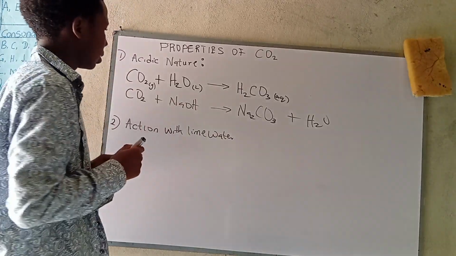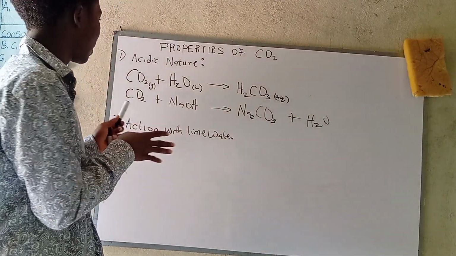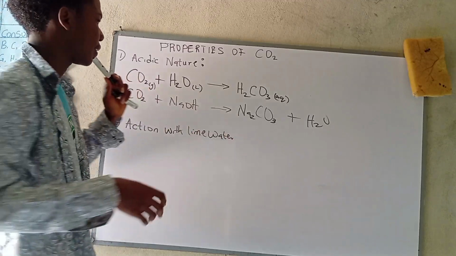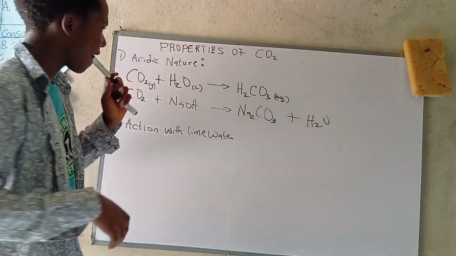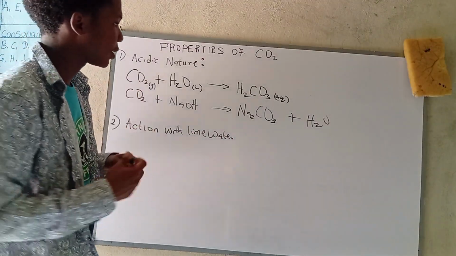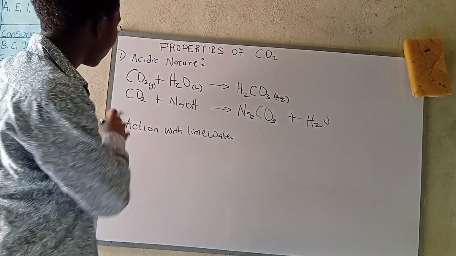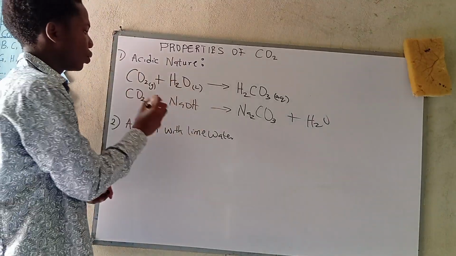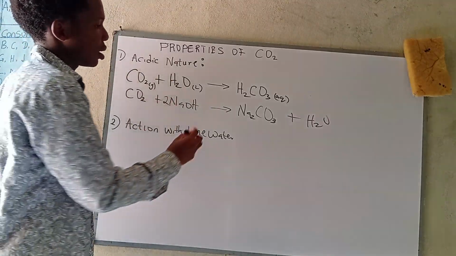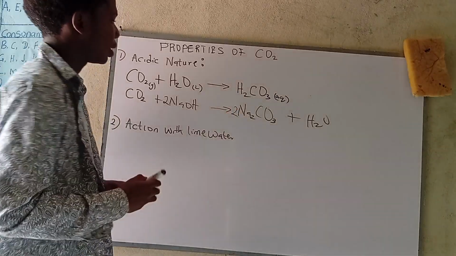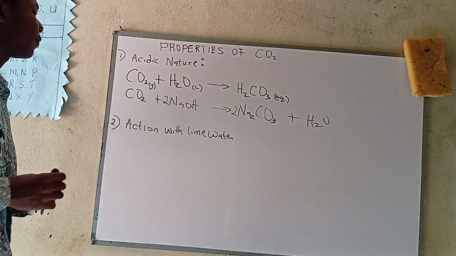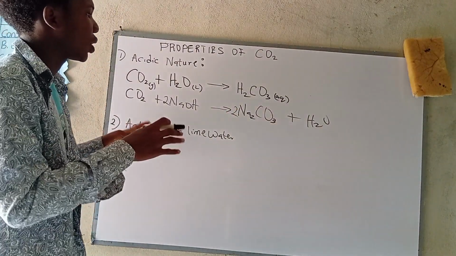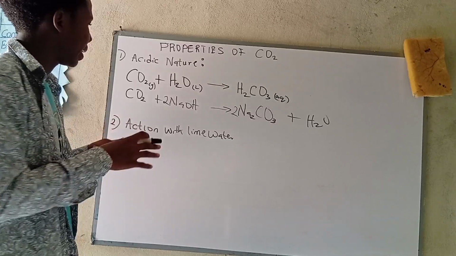And looking at it, we have 3 oxygen here, 3 oxygen here. Good. Carbon 1. We have to put 2 here and put 2 here. Now, if you calculate, you will find out that the equation is now balanced.